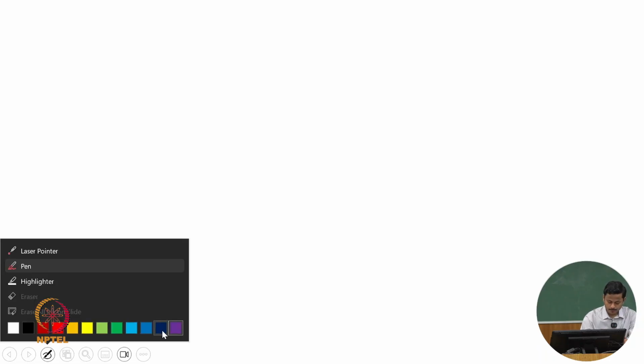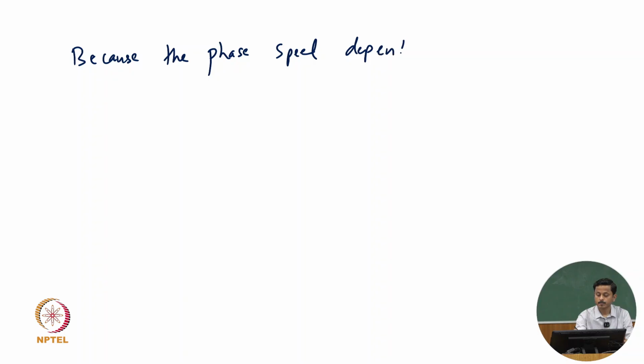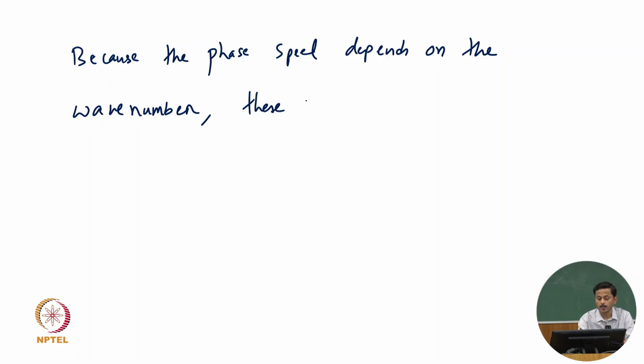Because the phase speed depends on the wave number, except in the shallow water limit or the omega equal to f limit, these waves are called dispersive waves.